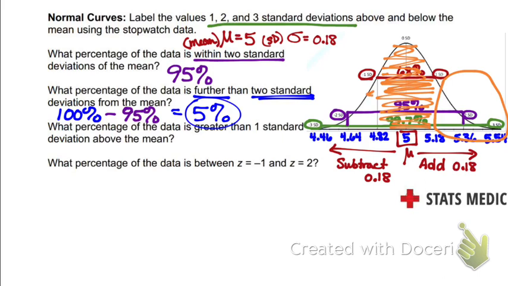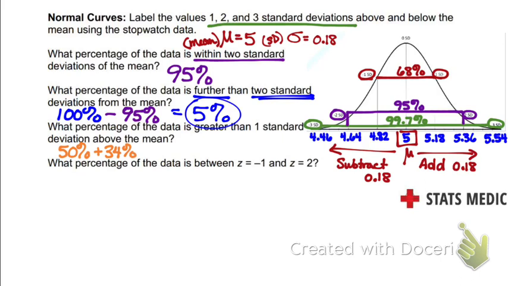And then we've got this little bit right here and this little bit that we have to include. 16%, yes. I've got 50%, that would be the halfway point, plus 34%, and I do 100% minus that. How you get 34? I will show you.